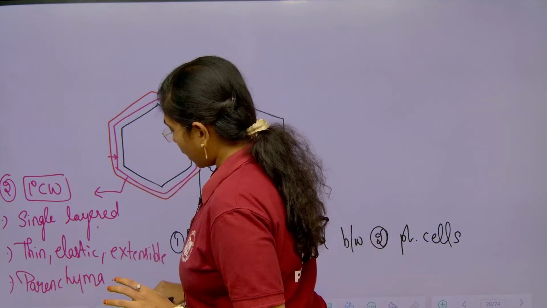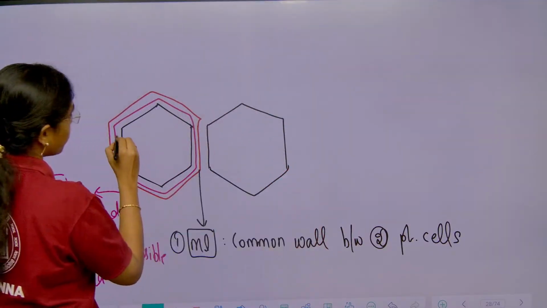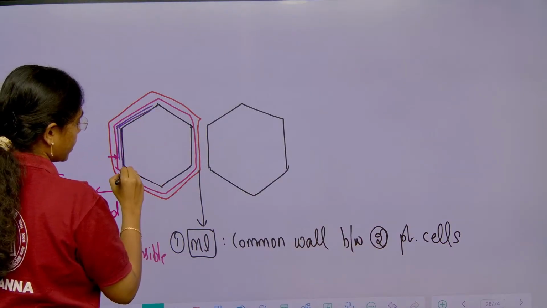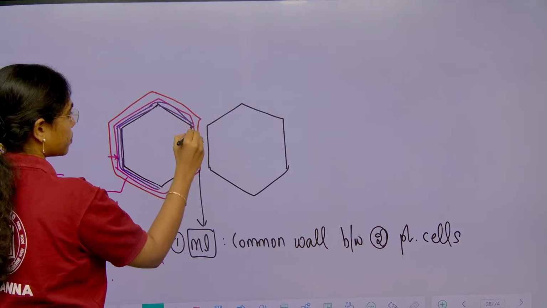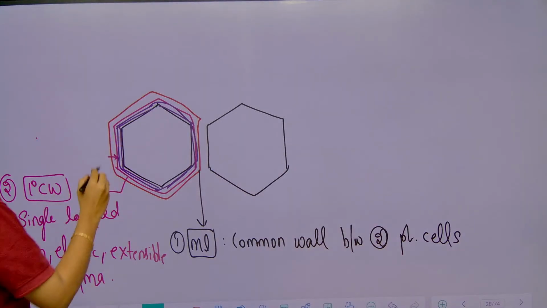Inner to the primary cell wall we have secondary cell wall layers. Secondary cell wall layers can be 2 or 3 layered. Okay, here you can see the clear differentiation.